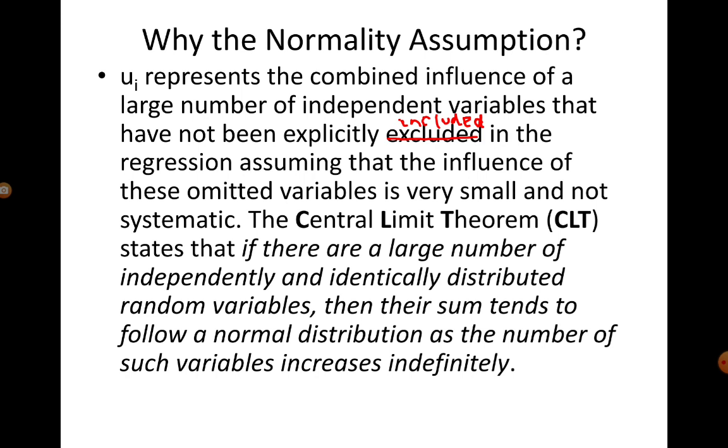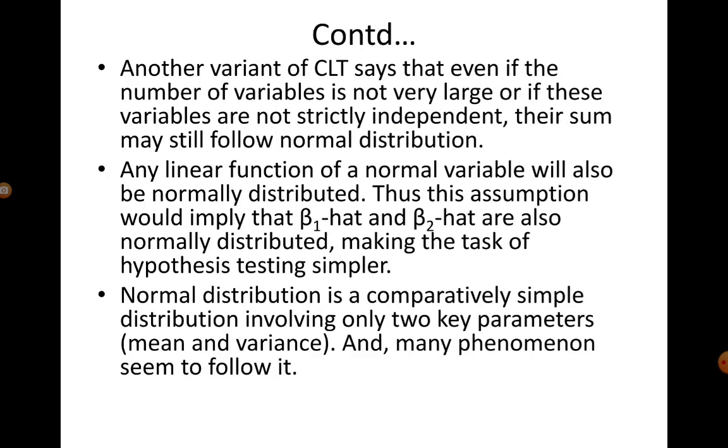Few of you might remember this concept from your quantitative economics classes. So the central limit theorem says that as the number of these excluded variables keeps increasing, and these variables are independently and identically distributed random variables, the sum total of their influence follows a normal distribution, right?